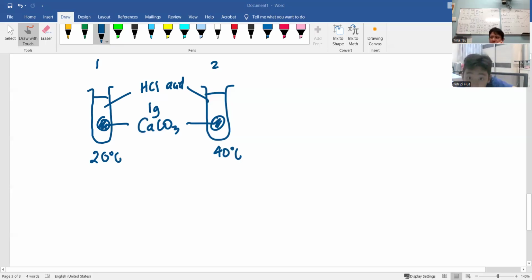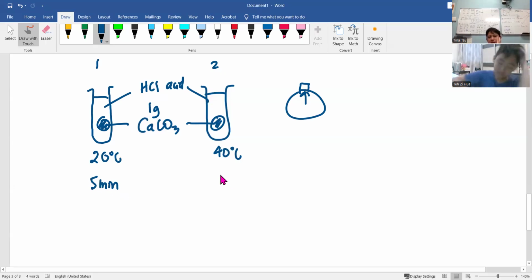So now, which one do you think, if I start the timer, or even if I don't look at the timer, I just compare, which one do you think will be faster? 40 degrees. Okay, so maybe this one takes 5 minutes and this one takes 2 minutes, for example.